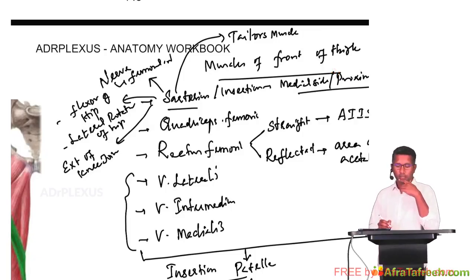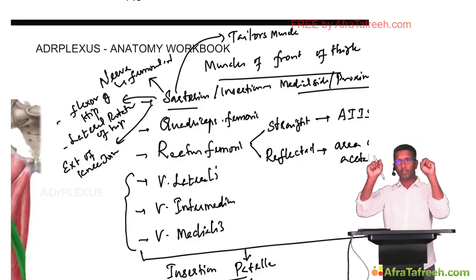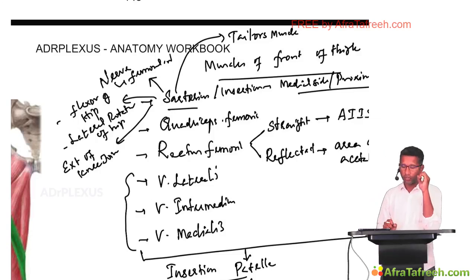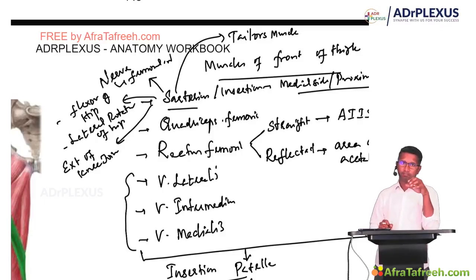Okay, can anybody tell me what is the main muscle that helps in climbing? When you are going to climb a hill, when you hold the ropes and climb, what is the main muscle? Yes, it is latissimus dorsi. Very good guys.